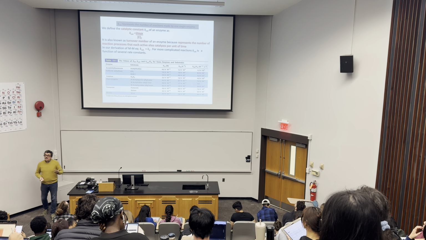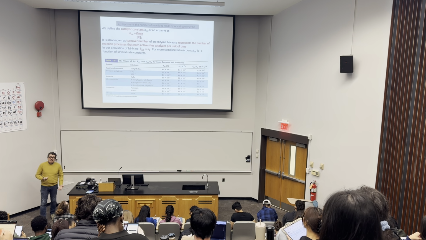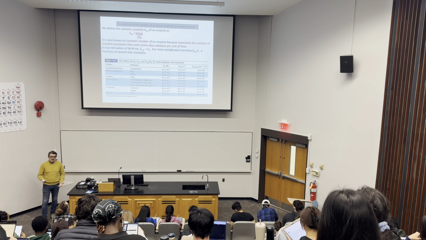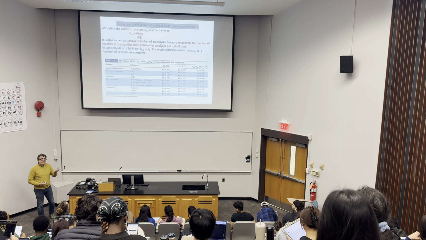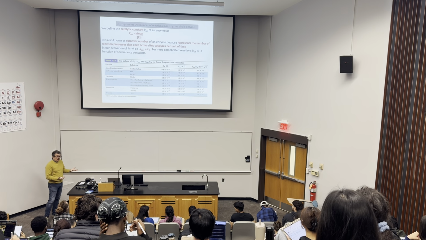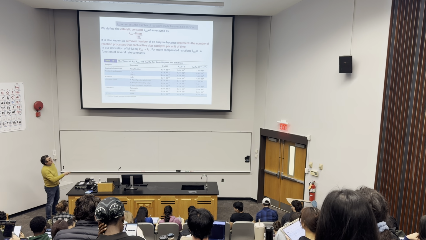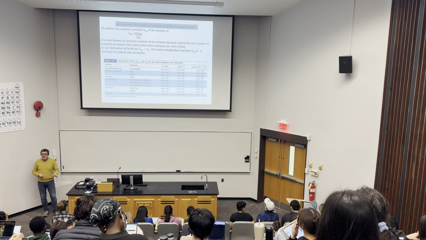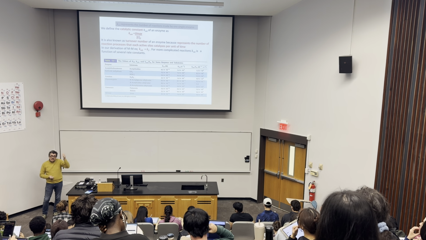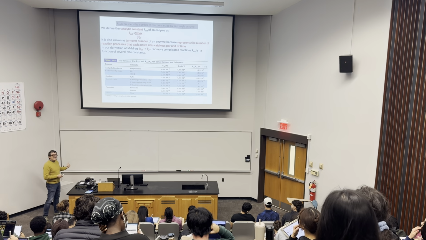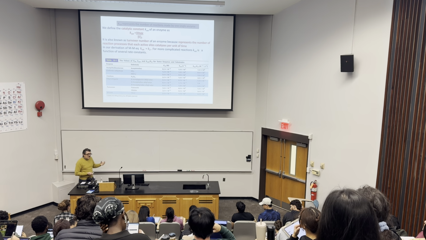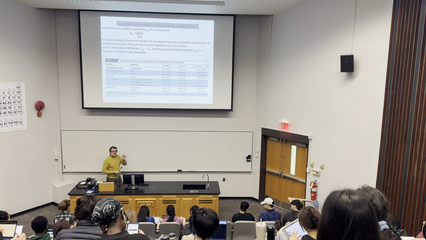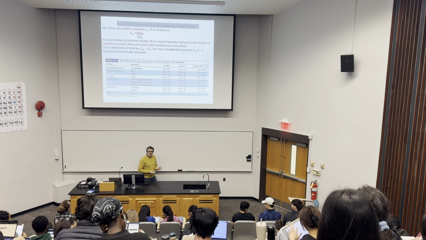When Km is very small, it means the enzyme has very high affinity for the substrate. And Kcat is very high, meaning the enzyme is very fast. That is a big number. In fact, all these are very big numbers. When they get really big, then we will see an example during glycolysis. It means that that enzyme is so fast that whenever it even sees a substrate, boom, that substrate is transformed.